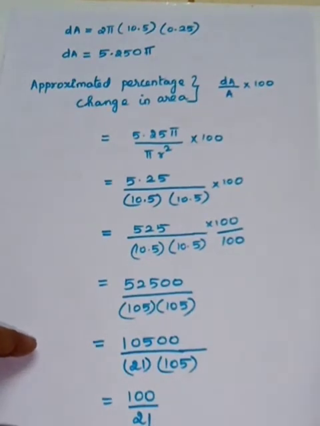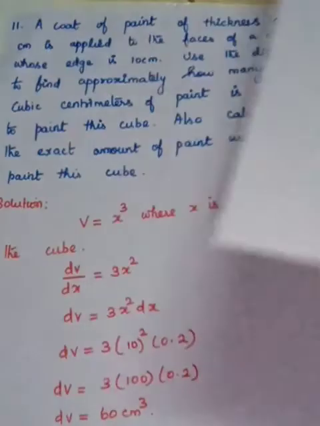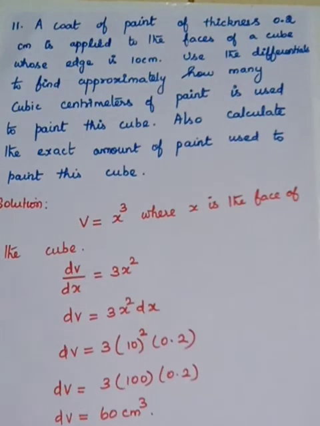So we'll go to the next problem, that is the 11th one. A coat of paint of thickness 0.2 centimeter is applied to the faces of a cube whose edge is 10 centimeter. Okay, so we are considering the cube. The cube has to be given a coat of paint.